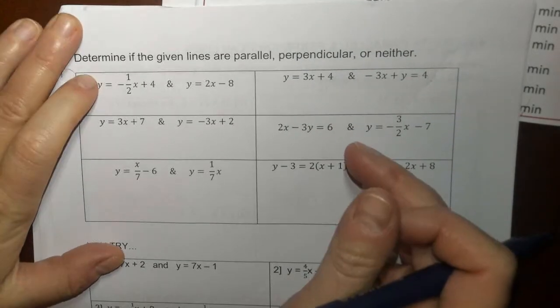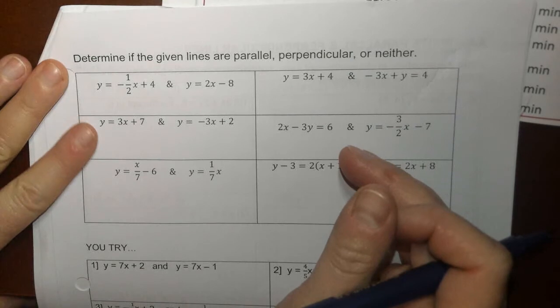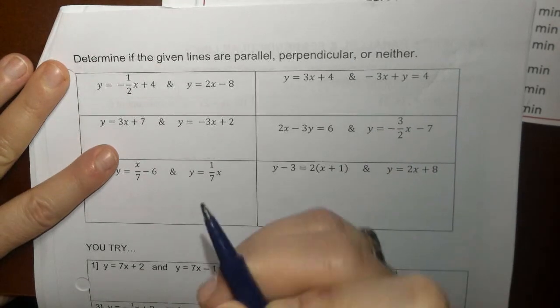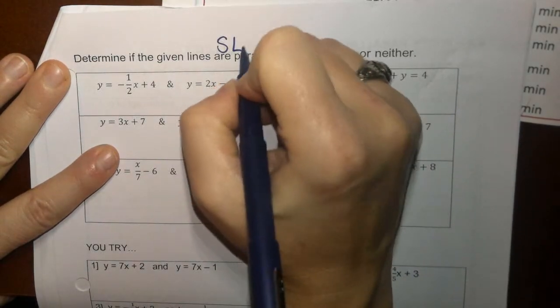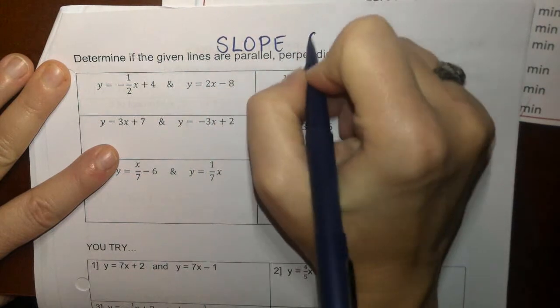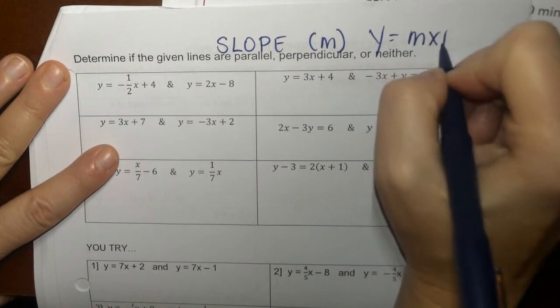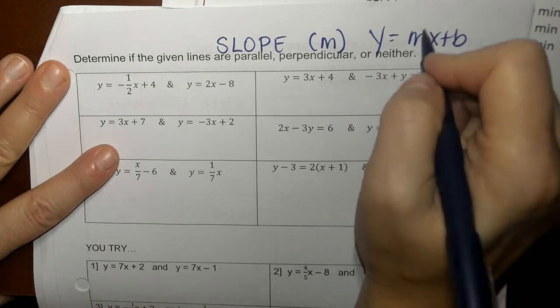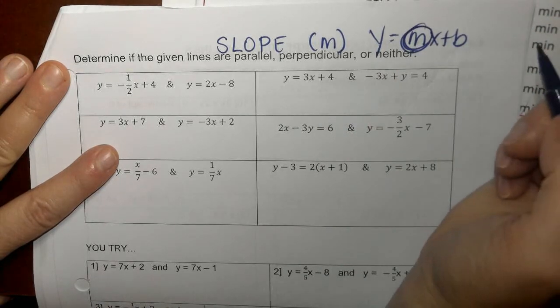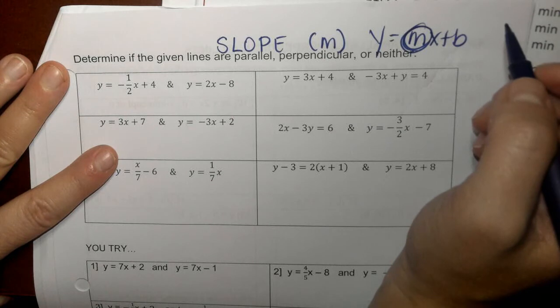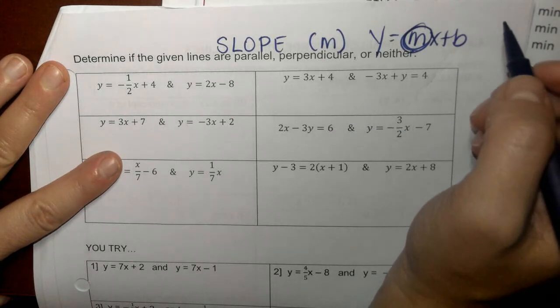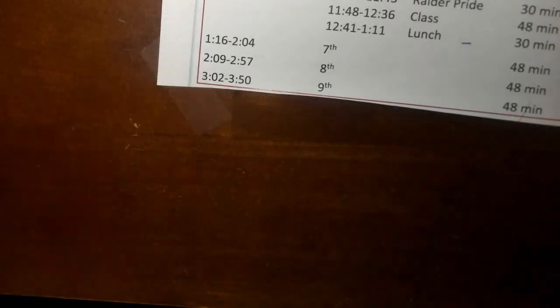Determine if the given lines are parallel, perpendicular, or neither. So what we have to look at here, the key is to look at their slope, which is the m, and y equals mx plus b. We're looking at the slope. That's our key. That's what tells us that they're parallel or perpendicular, or neither.